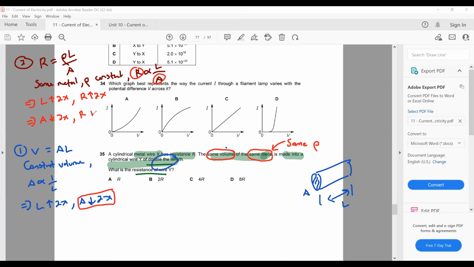So R must also increase by 2 times. So now you see, due to L, R increased 2 times. Due to A, R also increased by 2 times. So your conclusion is that, therefore, overall, R increases by 4 times. So it should be 4R. Therefore, Ry will be 4R. Just like this.